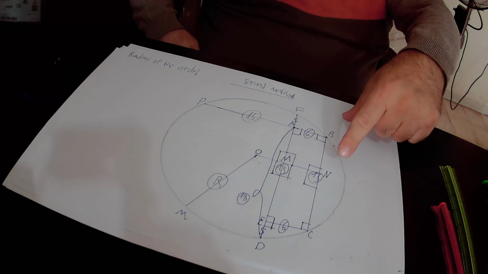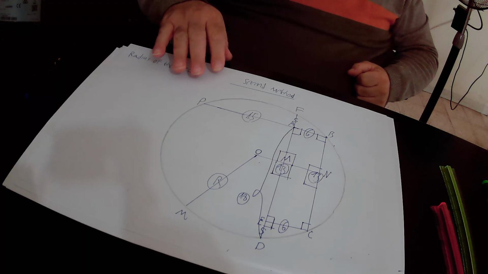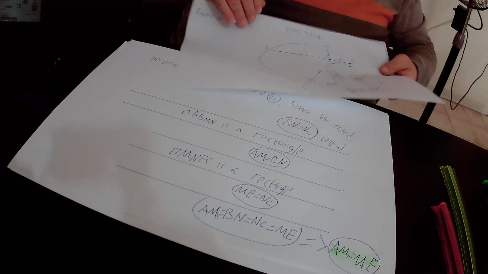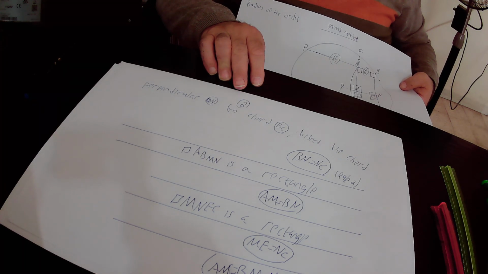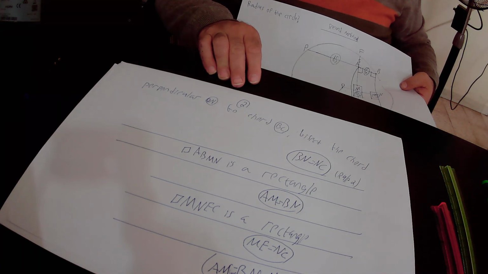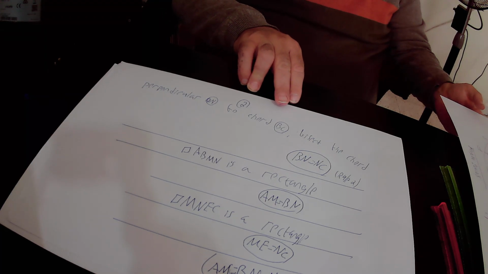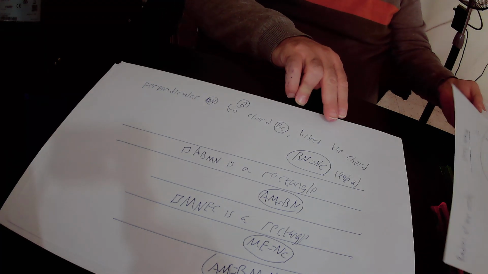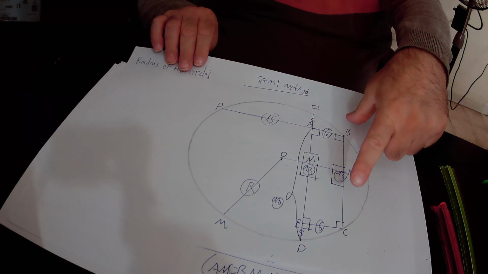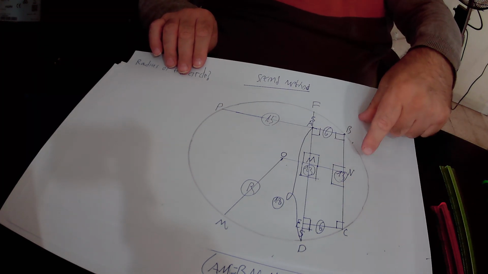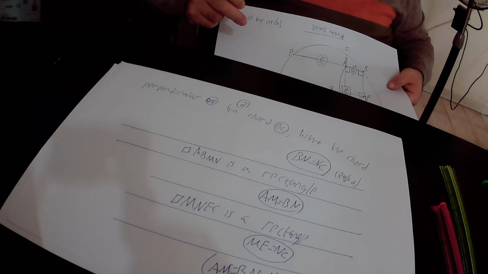That is to say BN equals NC. I'll repeat again. Perpendicular ON from the center of the circle to chord BC bisects the chord, that is to say BN equals NC according to rule number 2.